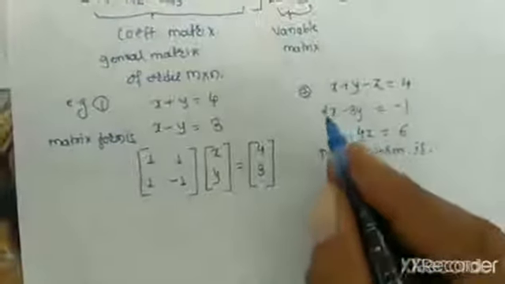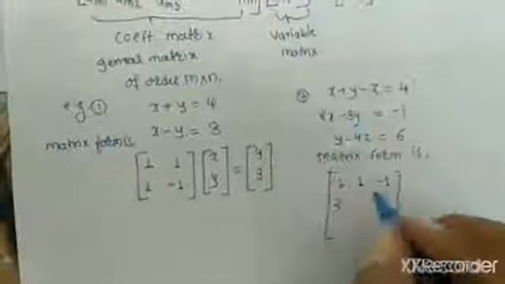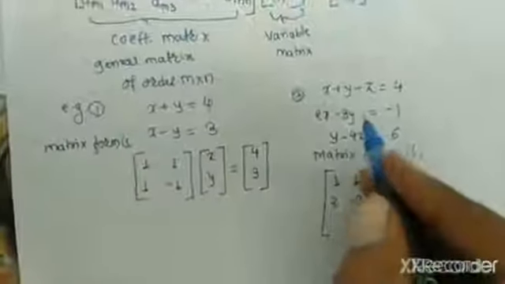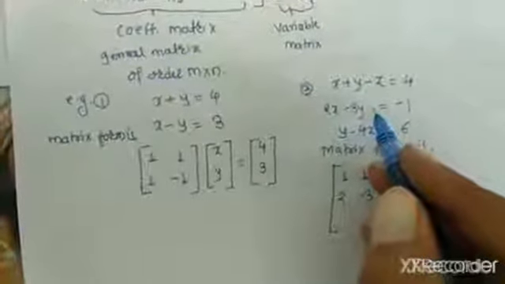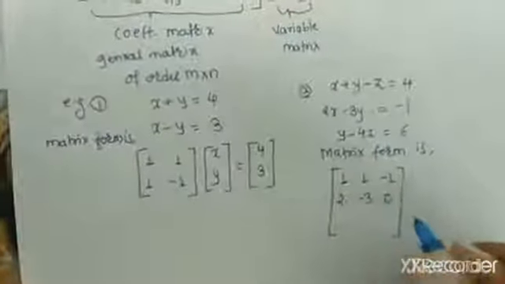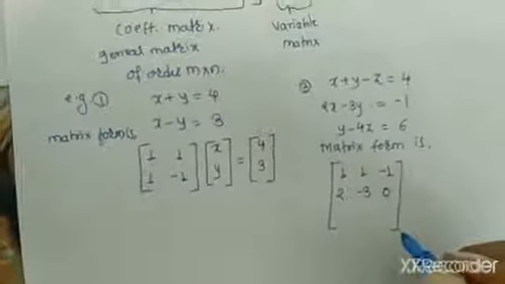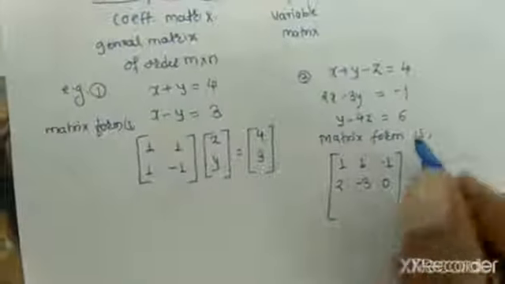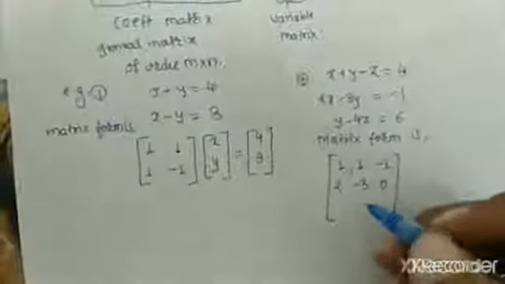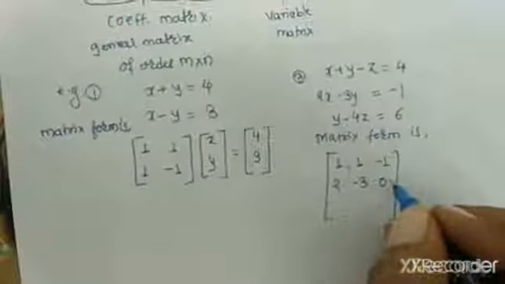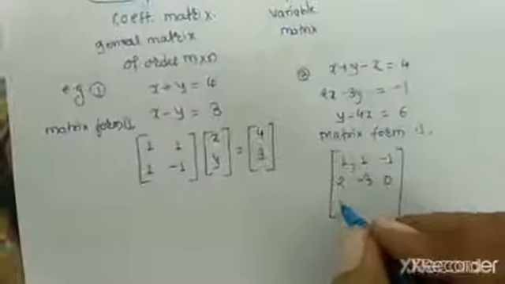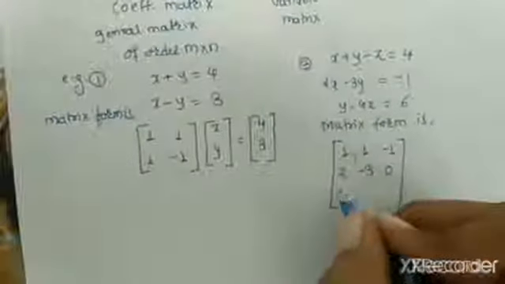In the second row the coefficient of x is 2, the coefficient of y is minus 3, and the third variable z is absent, so its coefficient will be 0, that is 0 into z is 0, so we write 0 in the third column. Next, here the first variable x is absent, so we write 0.